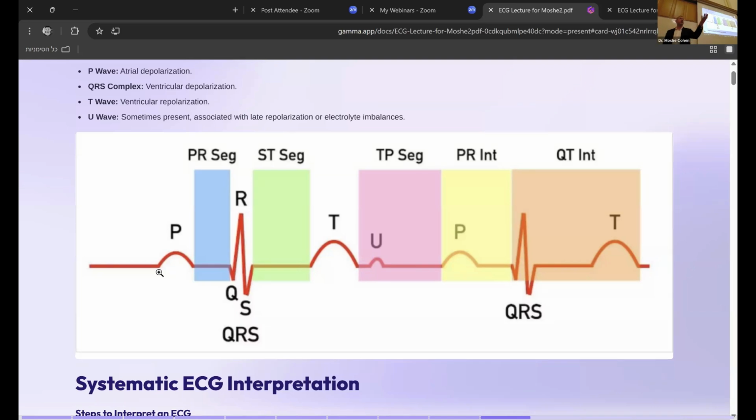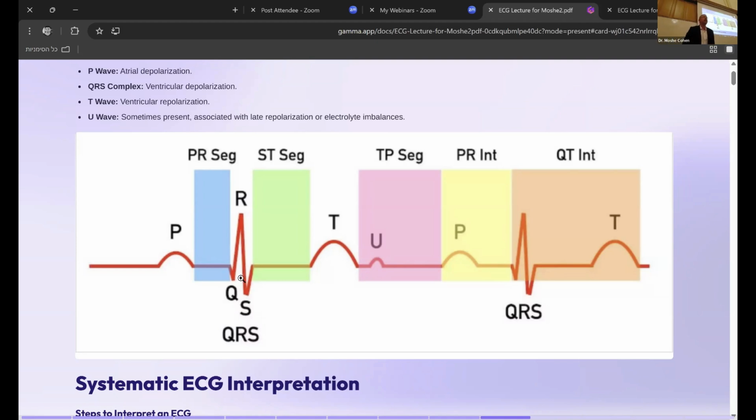The atrial depolarization. So depolarization of the atria, and that's because the SA node, the sinoatrial node, which is electrifying the heart, is found in the atria. So P wave is depolarization of the atria simply because the first part to become electrified are the atria. And then we have the QRS. What is the QRS?